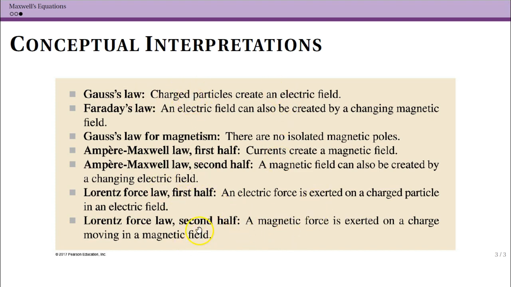The Lorentz force law then is kind of that fifth equation that isn't exactly Maxwell's equations, but we still need. And we then see that electric forces are created by electric fields acting on charged particles, and the magnetic force only exists if your charged particle is moving. It's important to remember that the electric force does not increase or decrease if your charged particle is moving.